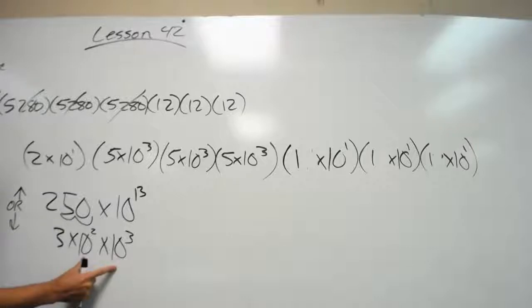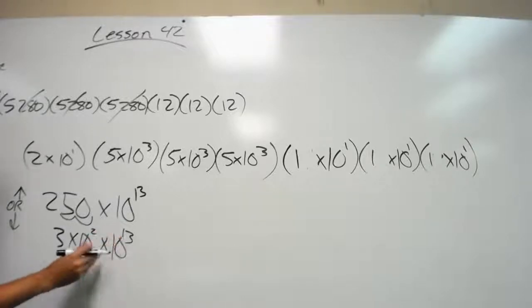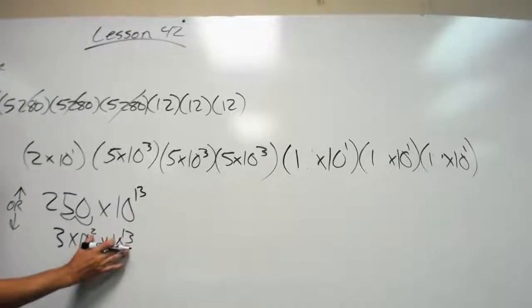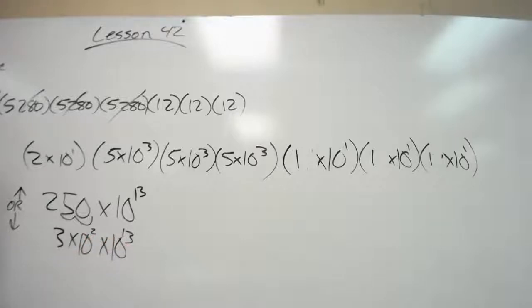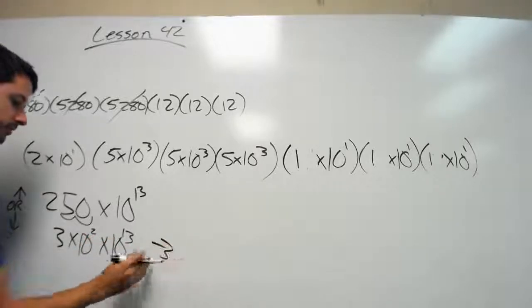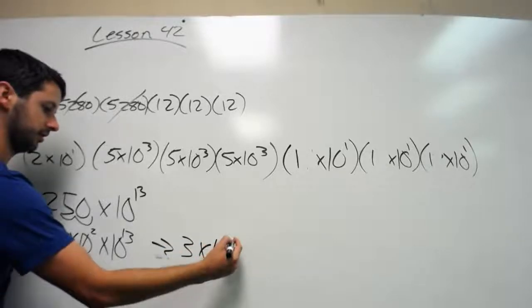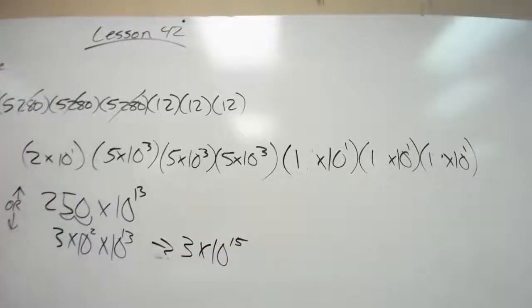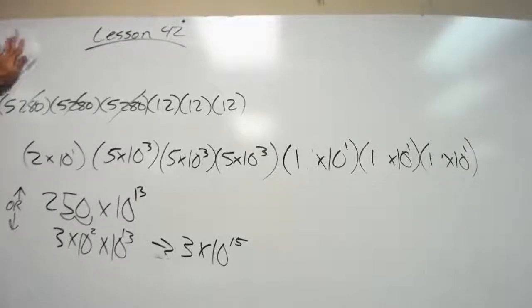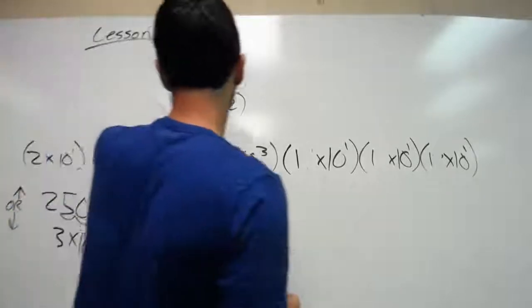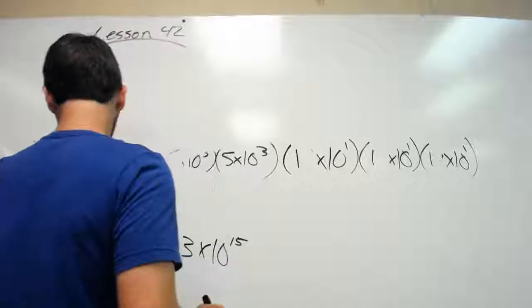These are common terms, so we can add the 13 and 2, the exponents, and be left with 3 times 10 to the 15th. And that is what that is estimated as. It's a little monotonous. You just have to understand estimating up or down, looking at the ones place and then estimating from there.